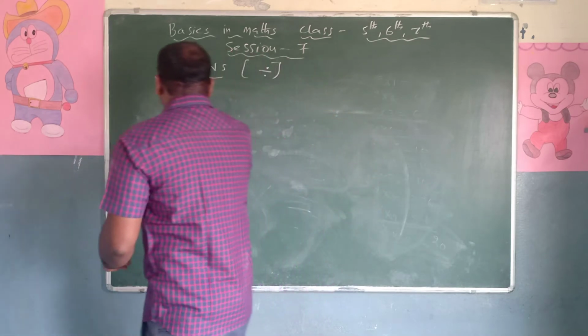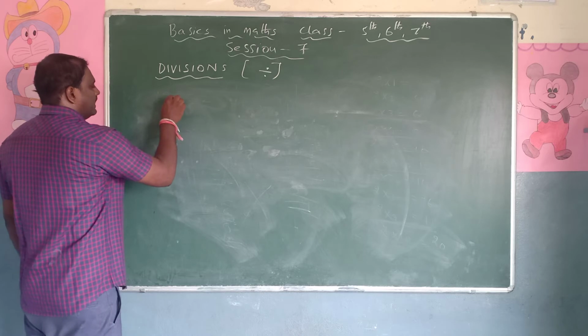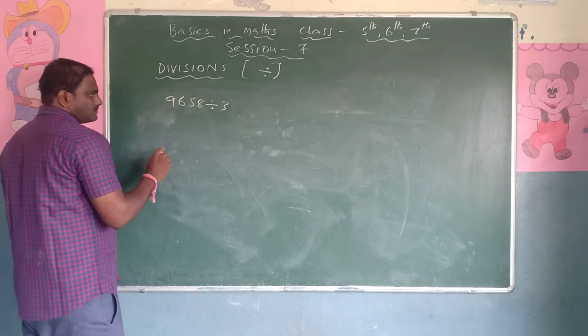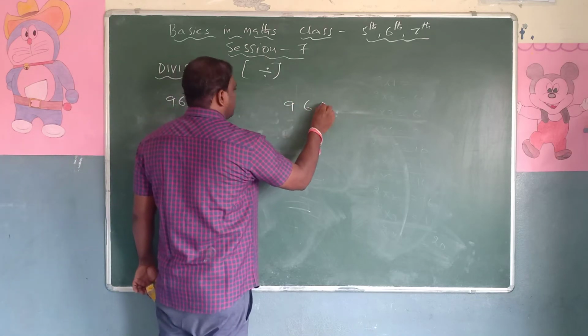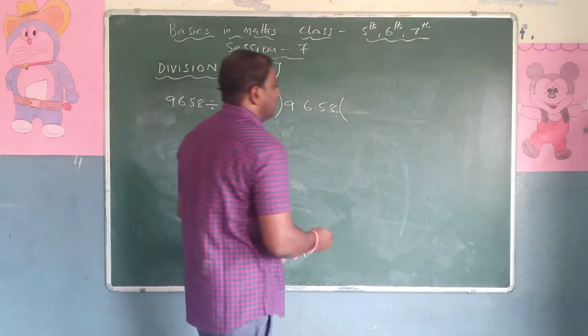Next, I'll go for division with 3 and 4. 9658 divided by 3. This is the question. So what do I have to do first?